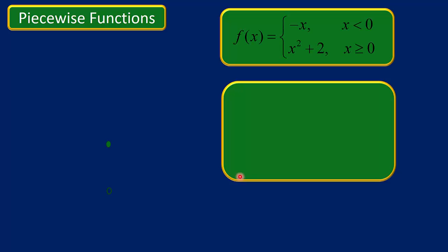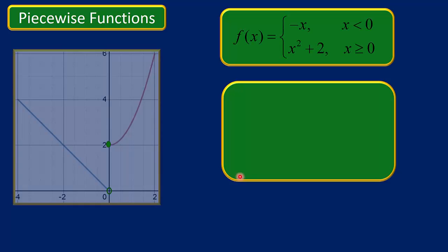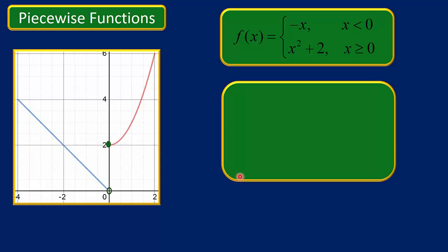Now, let's think about a piecewise function like this one here. If we were to graph it, the graph would look like this. What we're saying is f of x equals -x as long as x is less than 0.